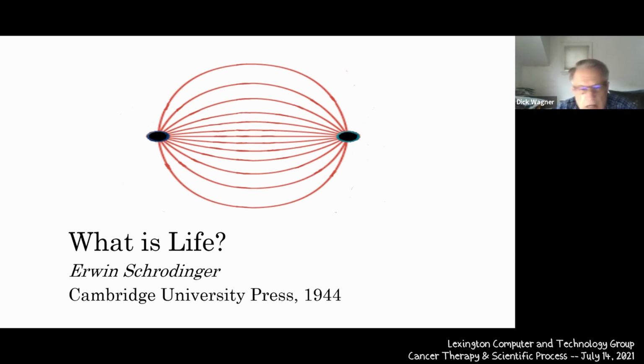Physicists, of course, were enamored by Schrodinger. So I'm sure that a lot of physicists picked this up, read it, and were intrigued by what he was saying here. And my knowledge of history of science tells me that a lot of physicists began to go to biology, probably somewhat based on having looked at this, saying, yeah, physicists can do something. It's an interesting area to investigate biology.